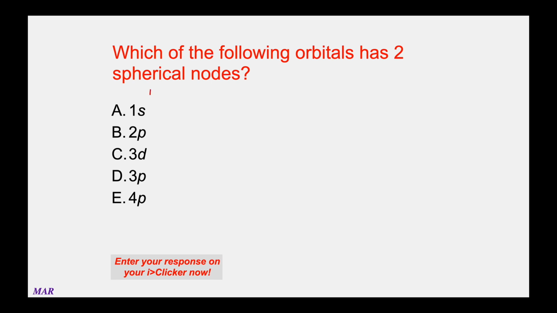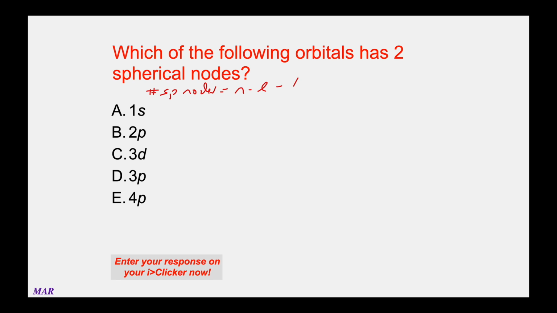So number of spherical nodes equals n minus L minus 1. And you want to have n minus L minus 1 equal to 2. All right. So we're trying to find here an example of where that's the case.